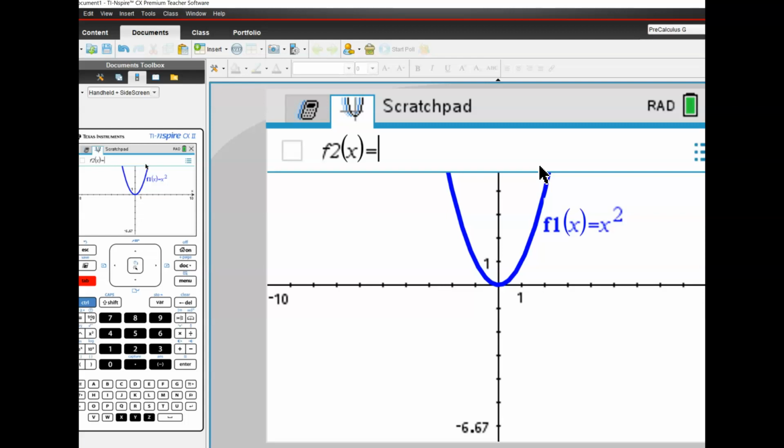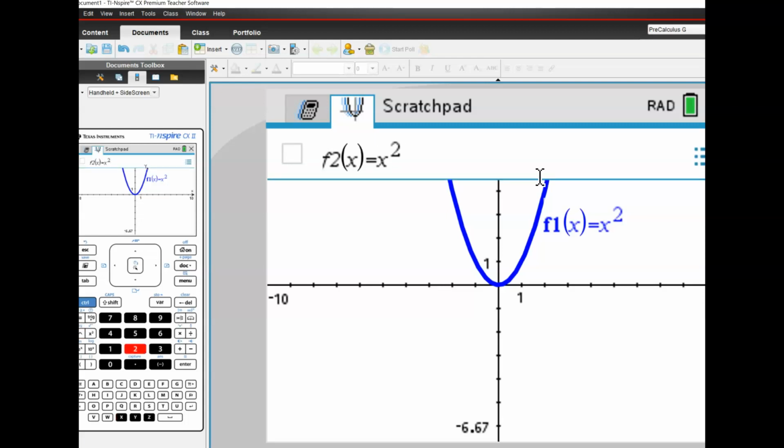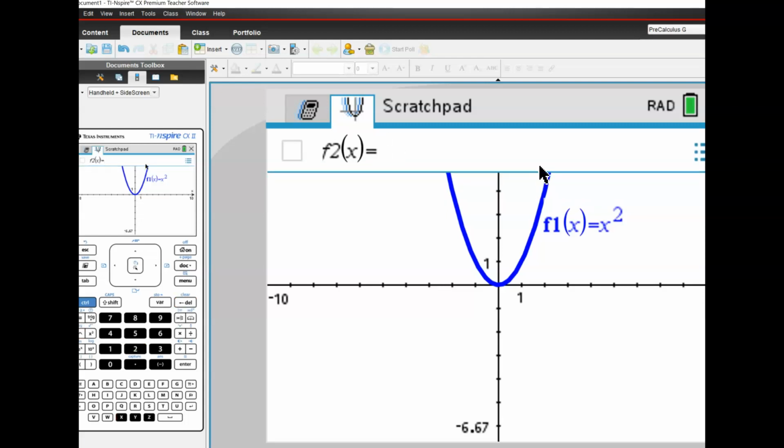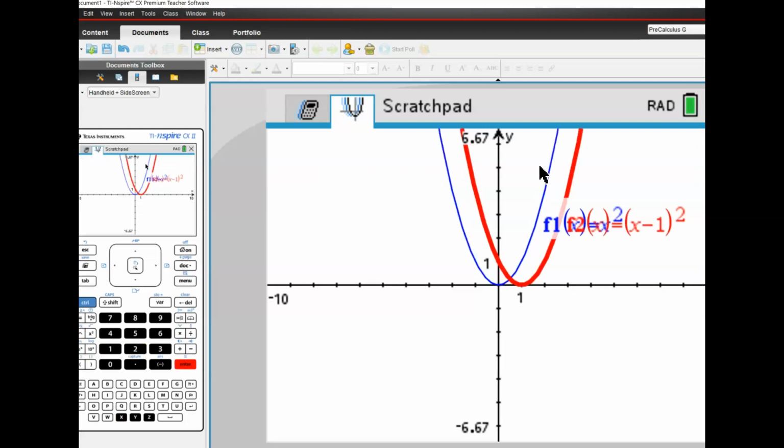Cool. All right, next one we have x minus 1 squared. I had to have this in parentheses. So you had to have parentheses around x minus 1 squared. This is x squared and the x minus 1 squared.